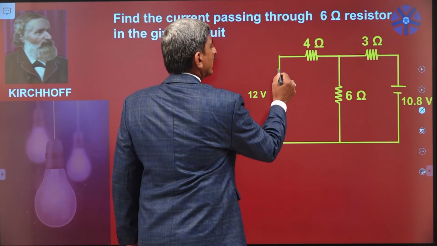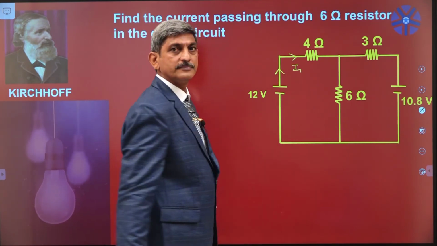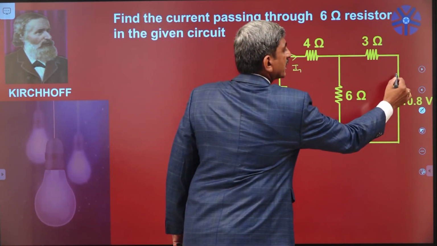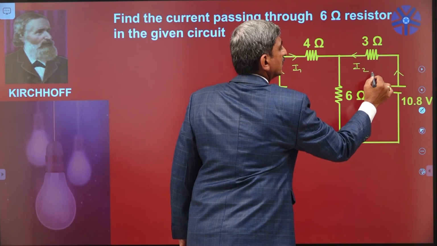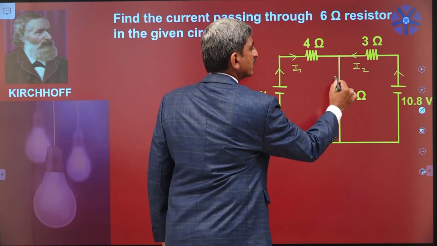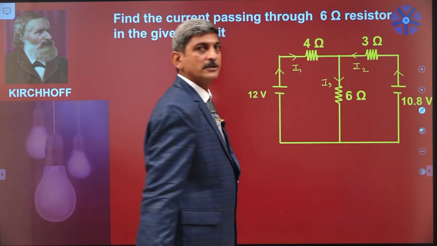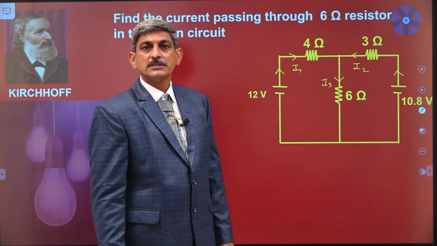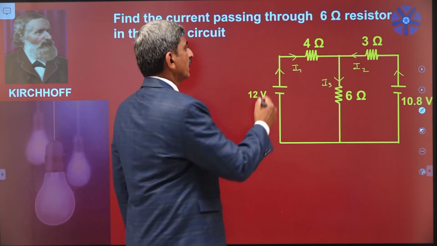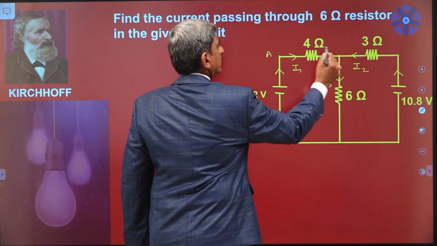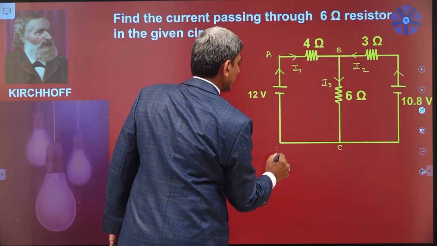So I assume the current I1 along this direction, and I assume the current I2 along this direction, and I assume the current I3 along this direction. So in 3 branches, I assume 3 currents, I1, I2, I3. Points at different parts of the network like this.